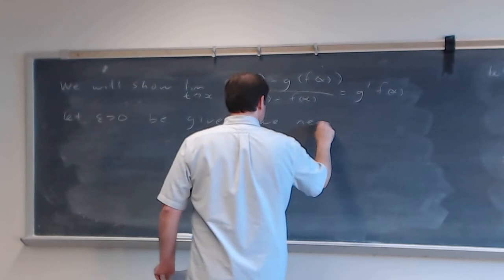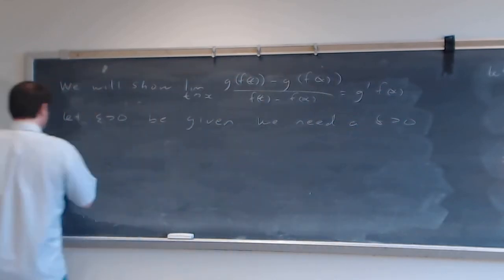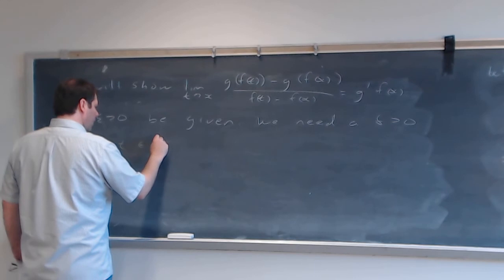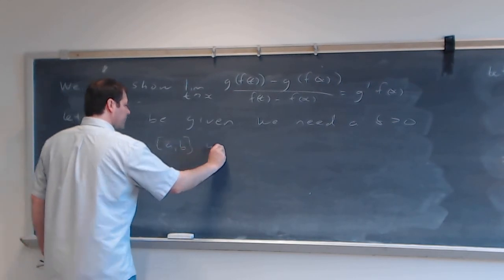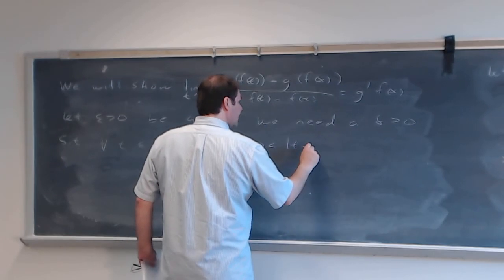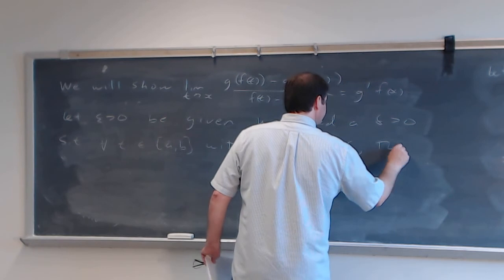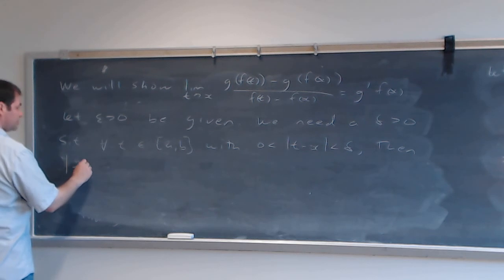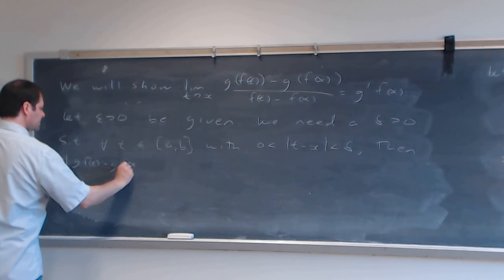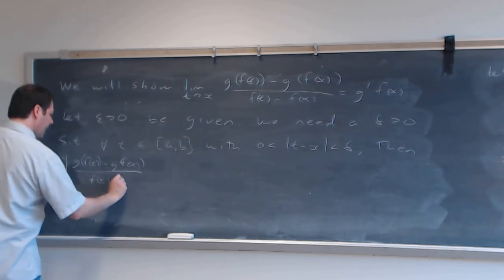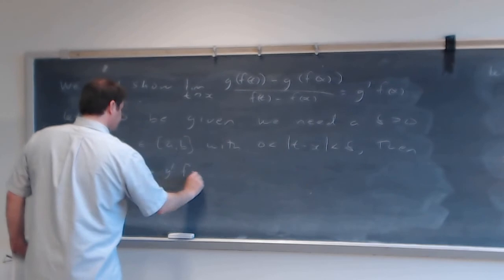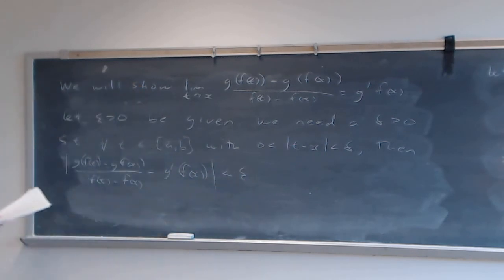We need a delta bigger than 0 such that for all t element of a to b with 0 less than the absolute value of t minus x less than delta, then g of f of t minus g of f of x all over f of t minus f of x minus g prime of f of x will be less than epsilon. So we're looking for this delta. Okay.